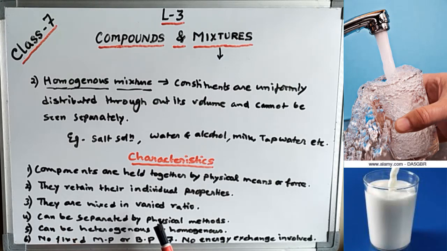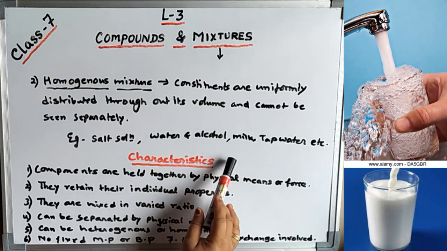Similarly, orange juice, all the fruit juices, ink also, honey also. Medicine, some tonic, cough syrup also look like compounds, but actually they are all homogeneous mixtures.